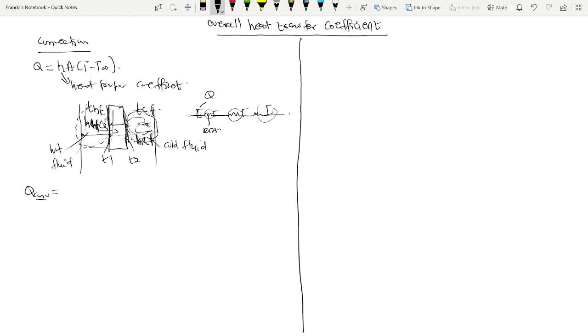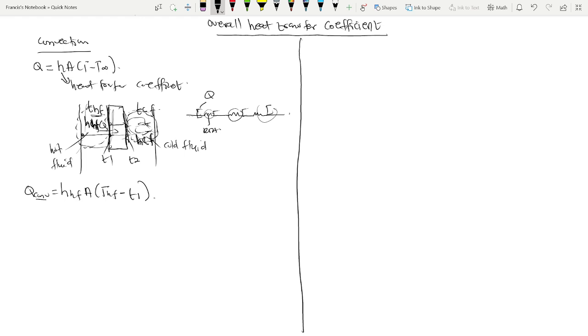So from this point to this point, it's going to be hHF. Because for heat of convection, it is supposed to be hAΔT. So hHF multiplying the area of the surface, multiplying THF minus T1, because THF is at a higher temperature than T1.